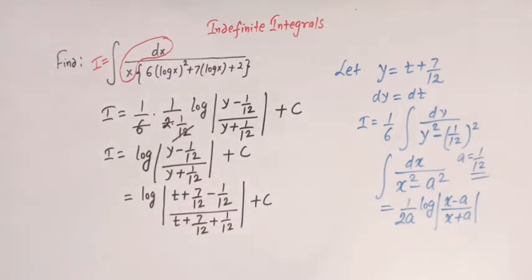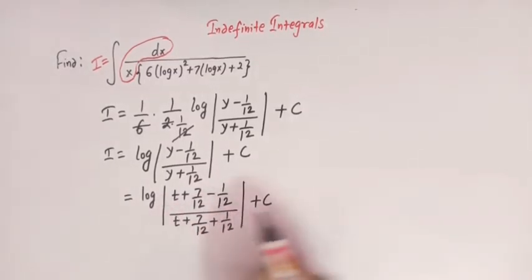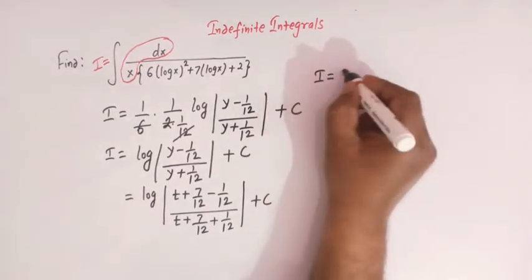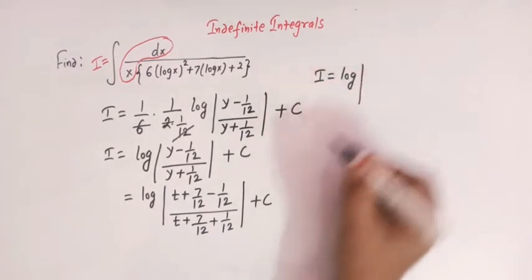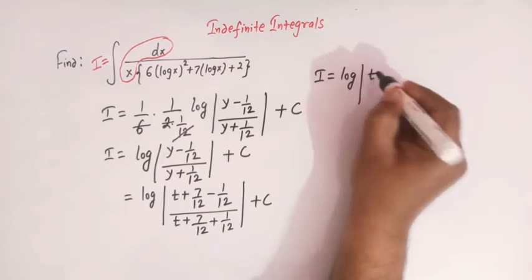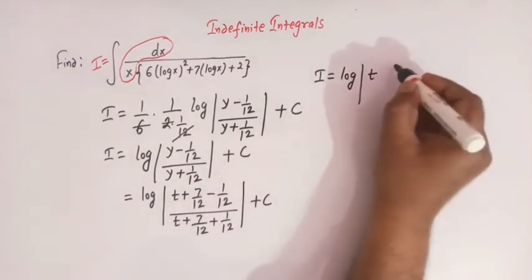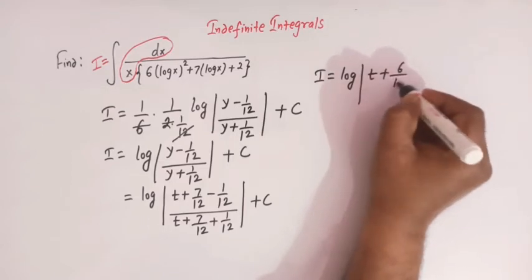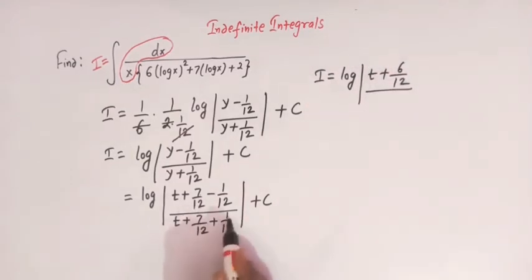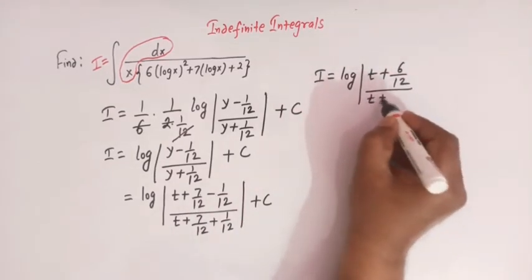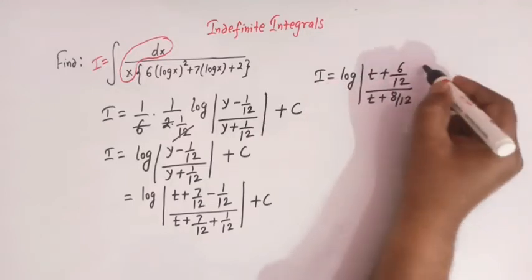Okay, so now we can further simplify it. So we have log of t, and here we have 7 minus 1, that is 6 over 12, and then we have here t plus 8 over 12, right?